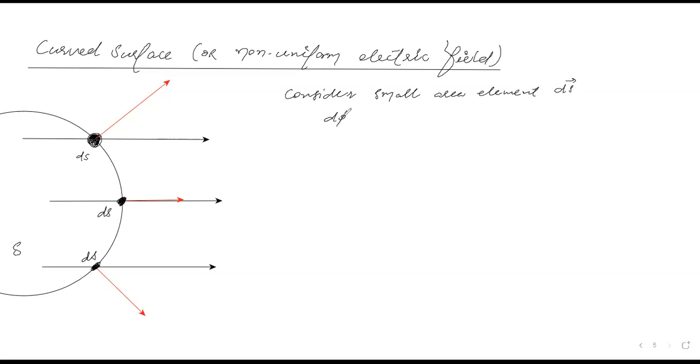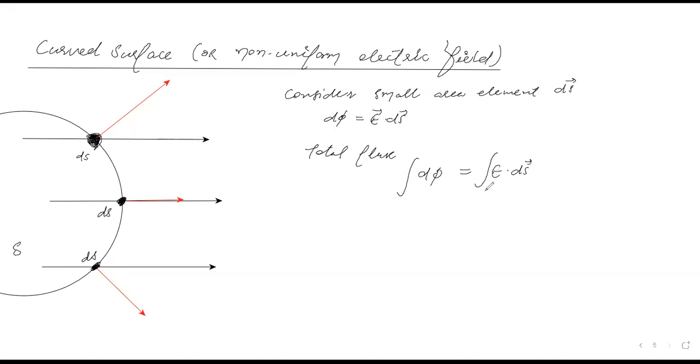Then the flux of this small area will be d phi, which is equal to E dot ds. To calculate total flux throughout this curved surface area, we should integrate it. For total flux, d phi is equal to the integration of E dot ds.